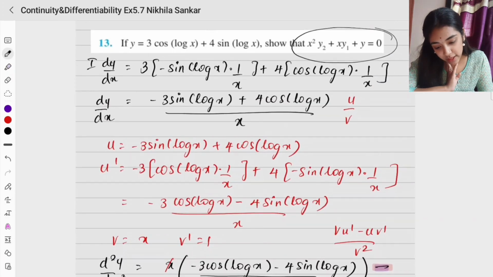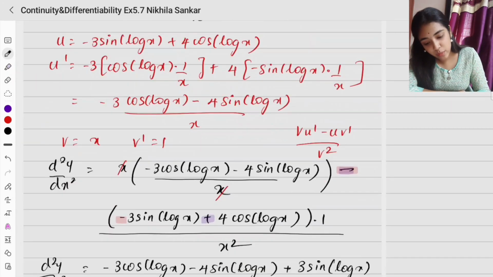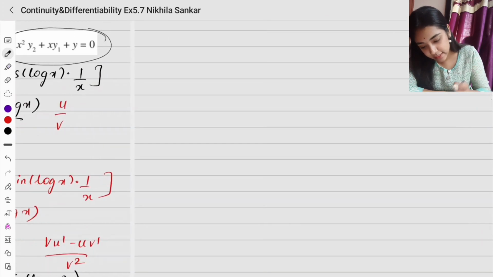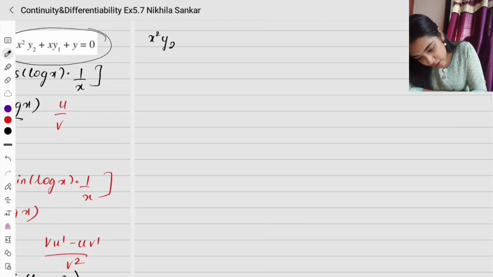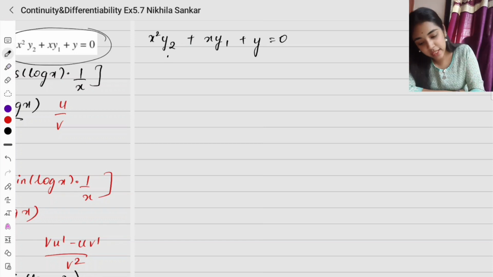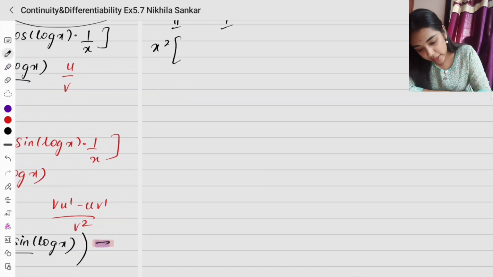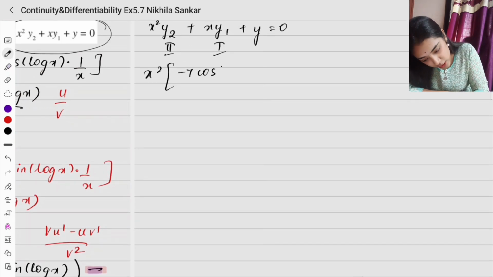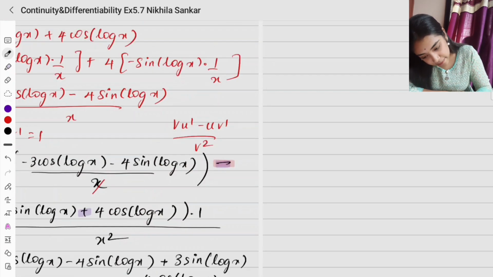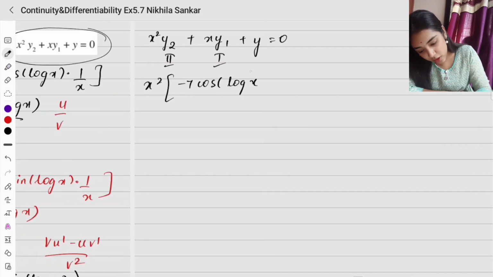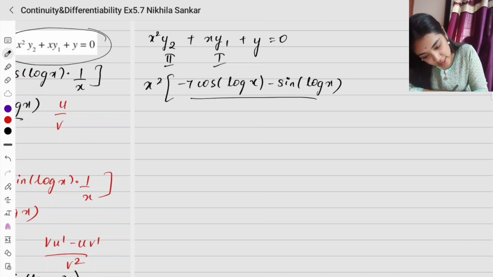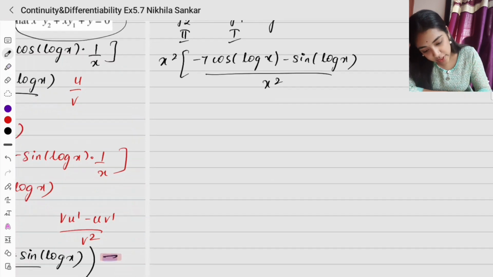Now what are they asking us to find? x square y2 plus x y1 plus y equals 0. What is y2? This is my second order. This is my first order. So, x square times y2, what did we get here? Minus 7 cos of log x minus sin of log x, the whole divided by x square.